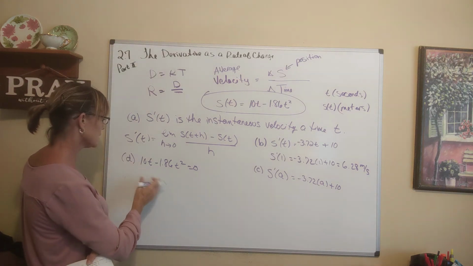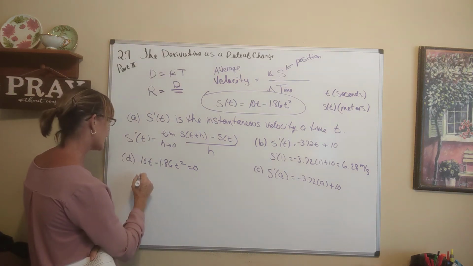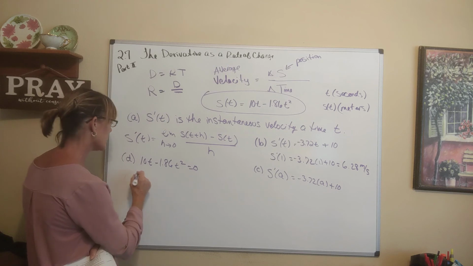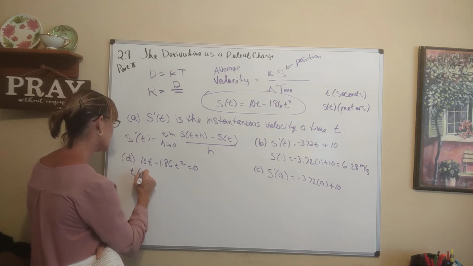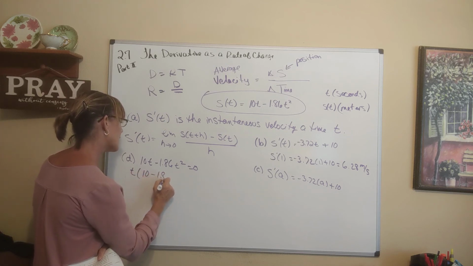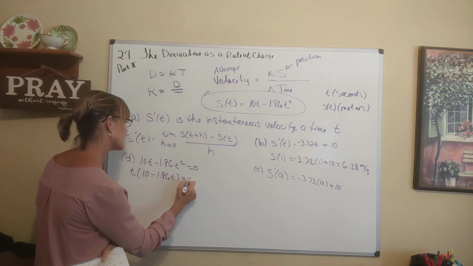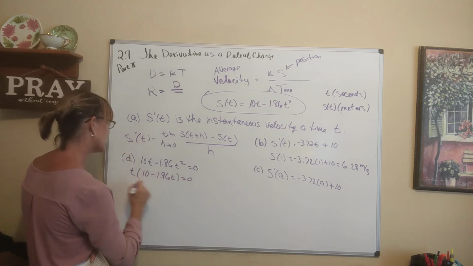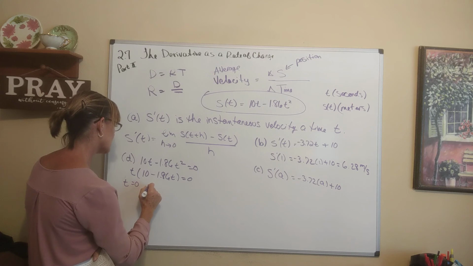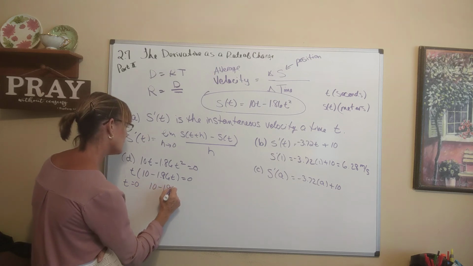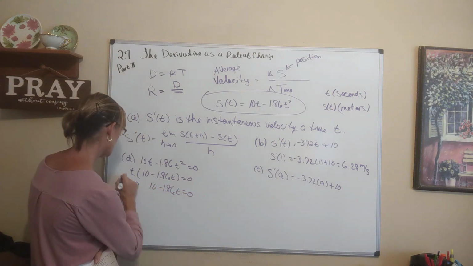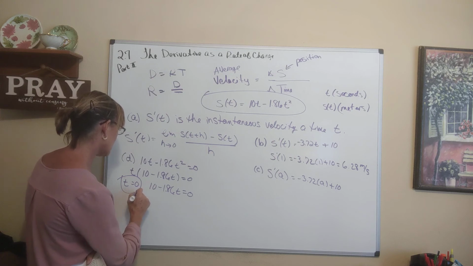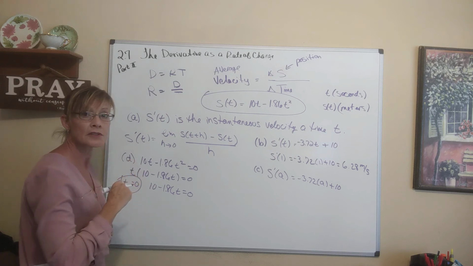Okay, let's solve this. I'm going to factor out a t. This is a quadratic equation, right? This factors very easily into t times 10 minus 1.86 times t equals 0. To finish this, we would set each factor equal to 0 and solve. And right here we get when time is 0. Okay, so it starts on the surface apparently.